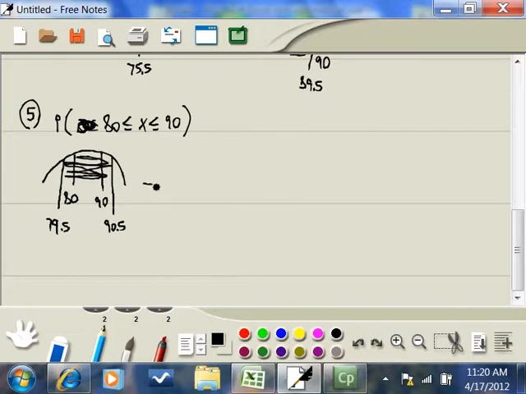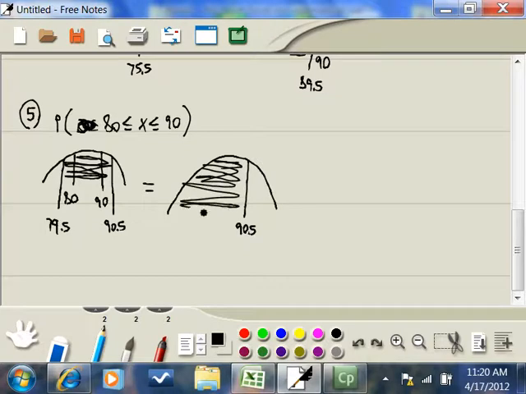Now Excel doesn't handle that real well. So what we have to do is here's 90.5, and everything's shaded to the left here.